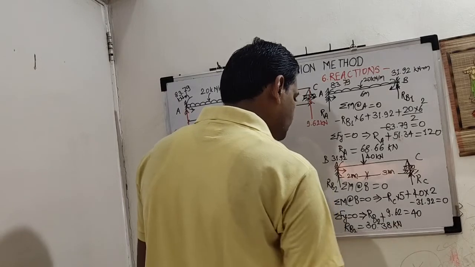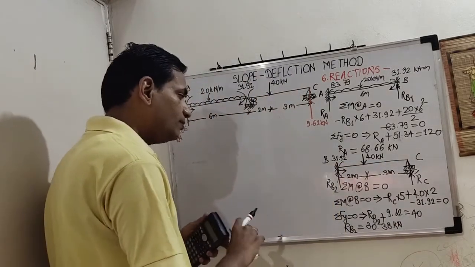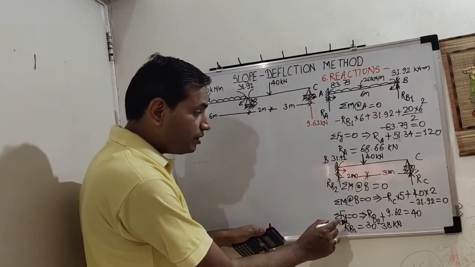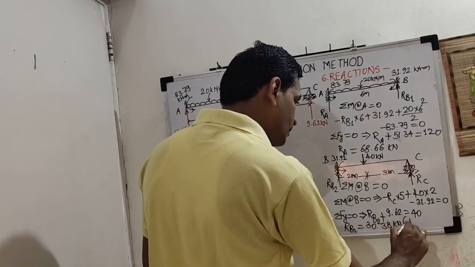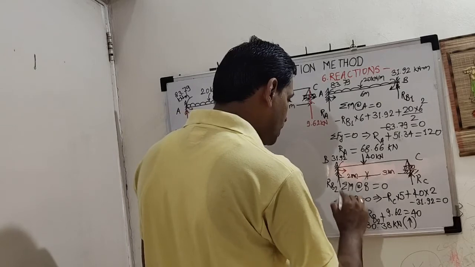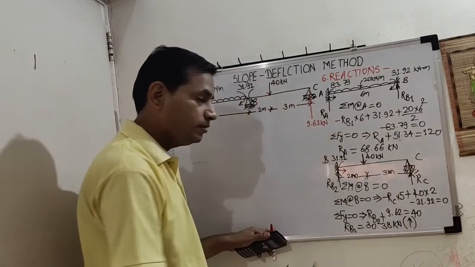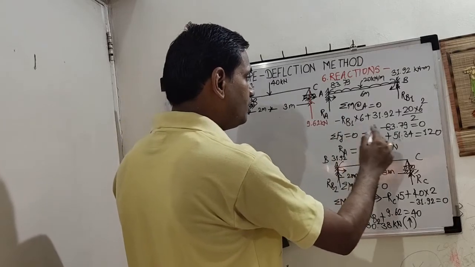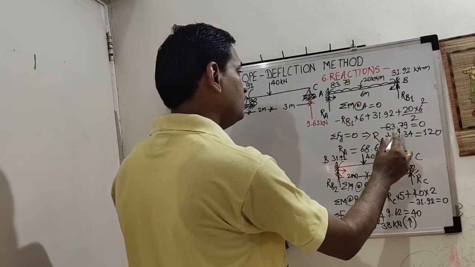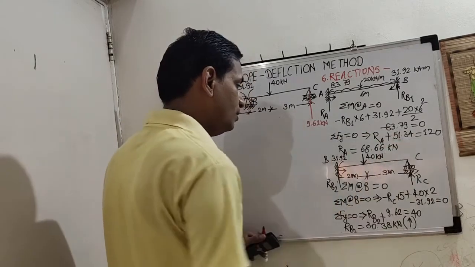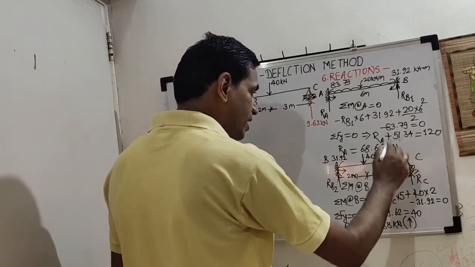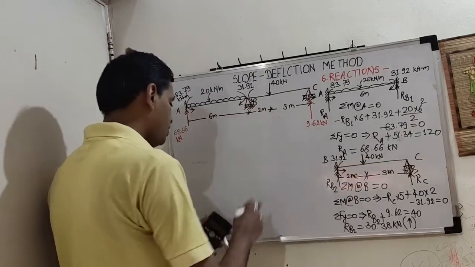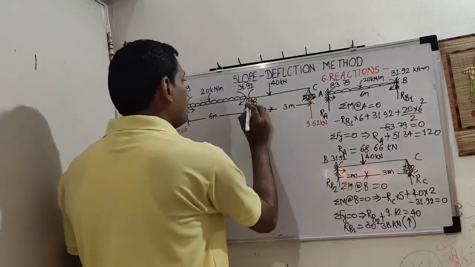Okay. So what will be net RB? The calculated answer of RB2 is plus. It means the assumed direction of RB2, which was upward, is correct. Same goes for RB1. The calculated answer of RB1 is also plus. It was 51.34. So add both the values of RB and write them here.